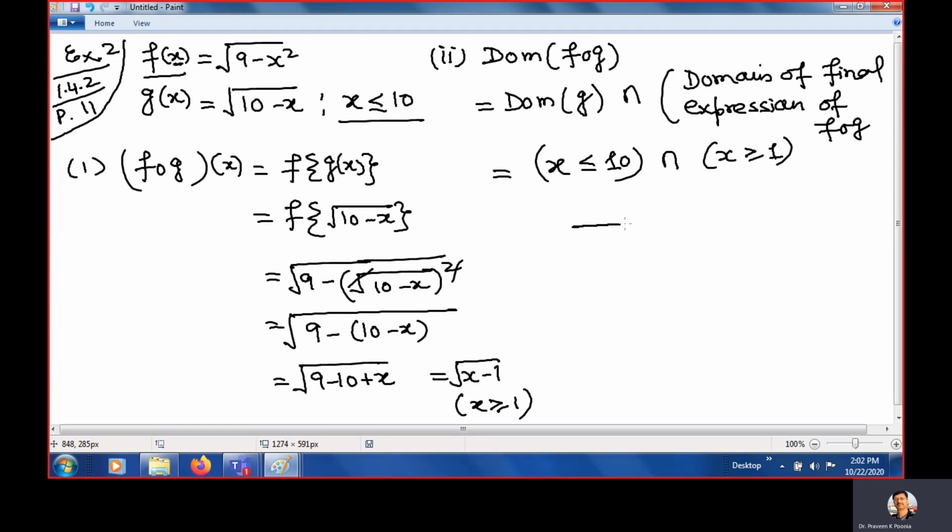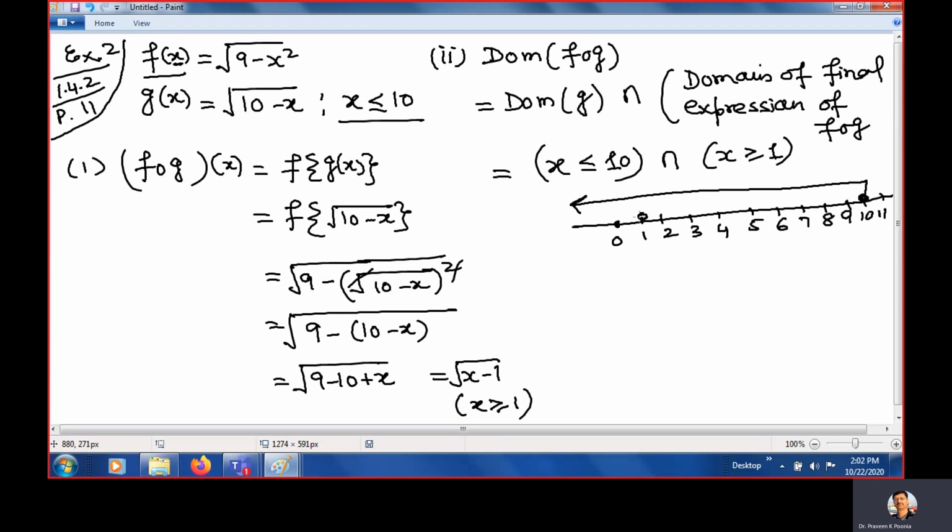So if you try to find the domain here, because both the numbers are positive, we can start here: 0, 1, 2, 3, 4, 5, 6, 7, 8, 9, 10, and 11, like this. So x is less than 10, this side.